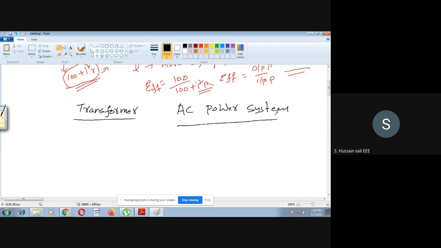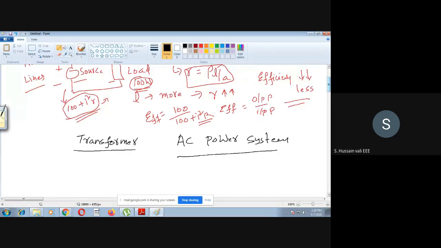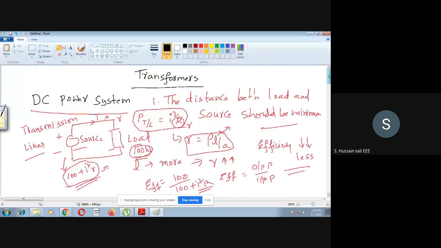So I will tell you the problem which I have discussed right now in case of DC power system. What is the problem? The problem is that the distance between source and load should be minimum, or a very small distance should be there. Why should it be a very small distance? Because you want to have higher efficiency. You want to have lesser power loss in the transmission line.